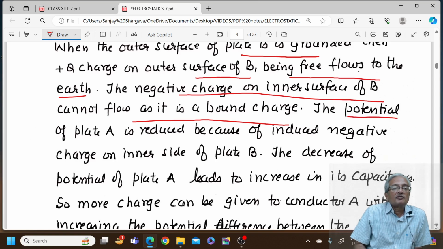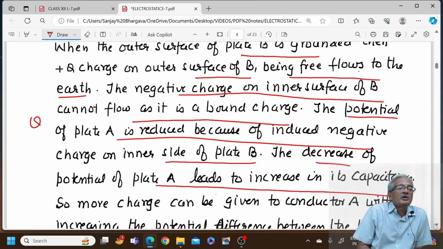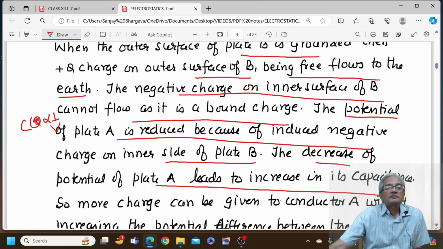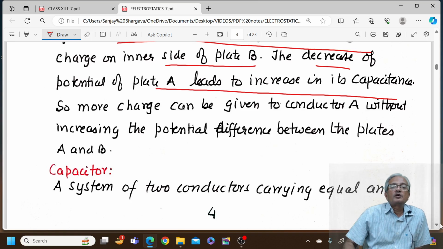The potential of the plate A is reduced because of the induced negative charge on the inner side of the plate B. The decrease of potential of the plate A leads to the increase in capacitance because C is inversely proportional to V. So more charge can be given to conductor A without increasing the potential difference between the plates A and B.